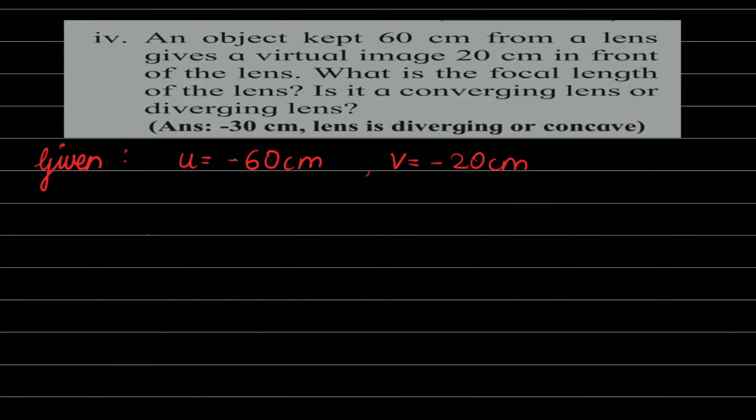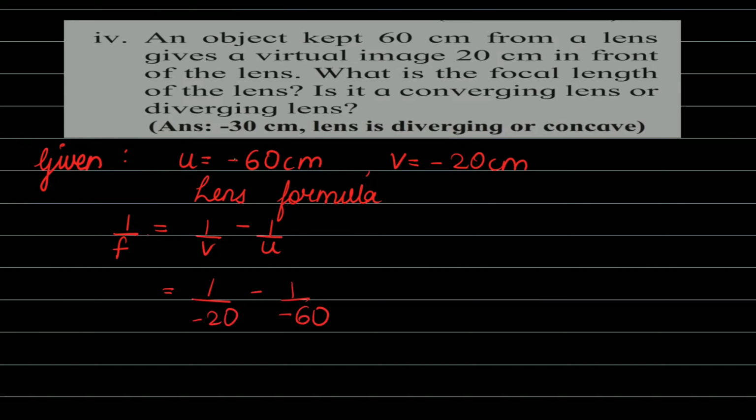According to the lens formula, we know the formula is 1 upon F equals to 1 upon V minus 1 upon U. So let's substitute the value. We get 1 upon V is minus 20, minus 1 upon U, the value for U is minus 60. After solving this, we get minus 1 upon 30.